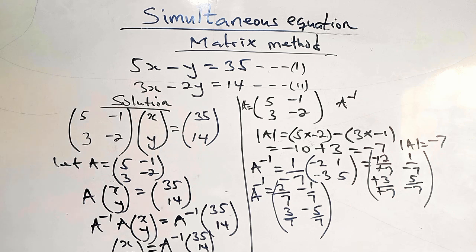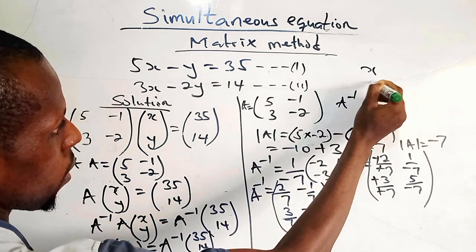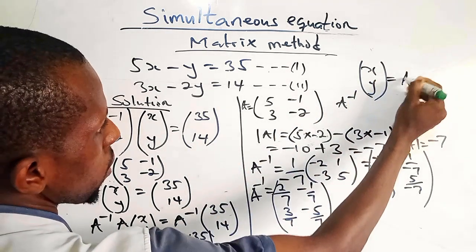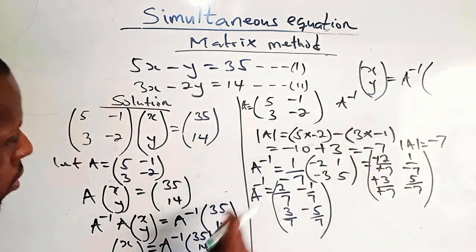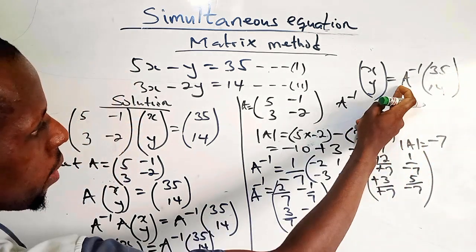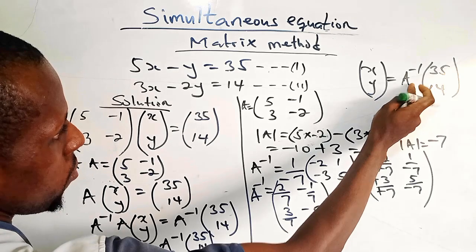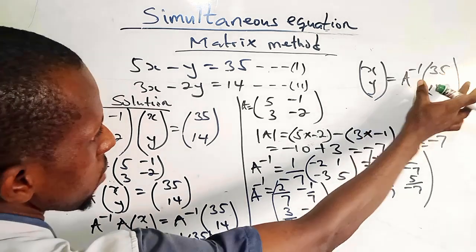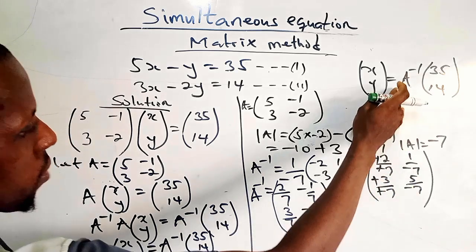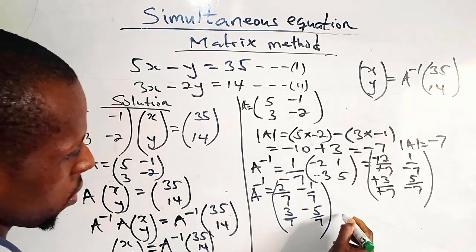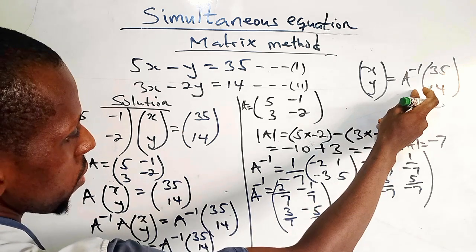So when we now come back here, which is to determine x, y, A inverse equals A inverse times, you have here 35 and 14. Since we have determined our A inverse to be this, we take it back here and multiply it by this.